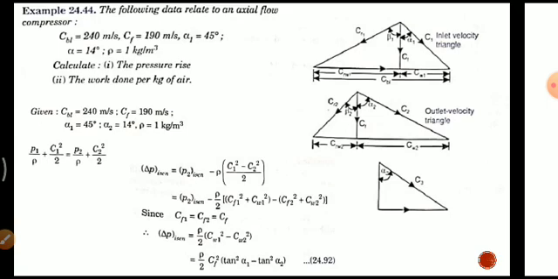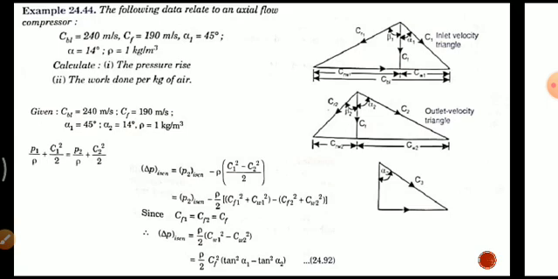by rho into C1 square minus C2 square. Okay, so as we are taking that side, and C1 square from the triangle, it's a right angle triangle. C1 square can be written as Cf square plus Cw1 square.